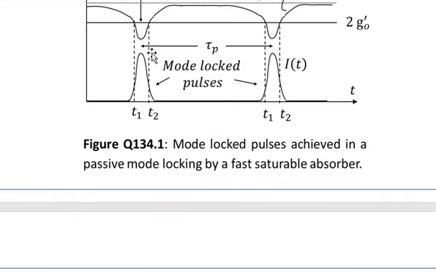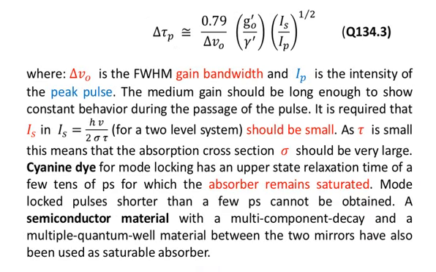So the intensity of these peak pulses is Ip. And delta nu naught is the full width half maximum gain bandwidth. So delta nu naught is the gain bandwidth of the system.